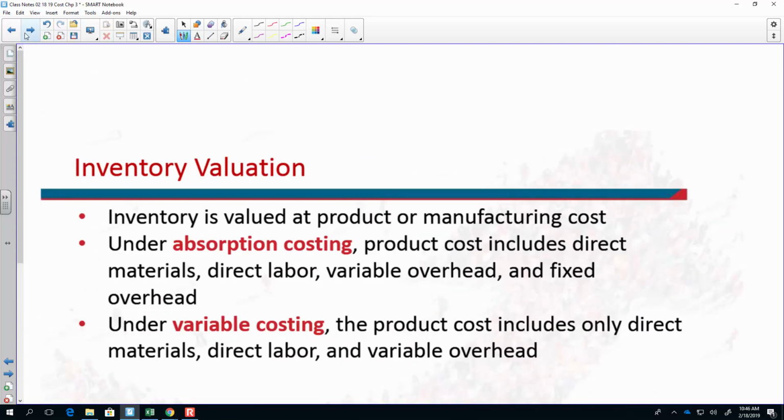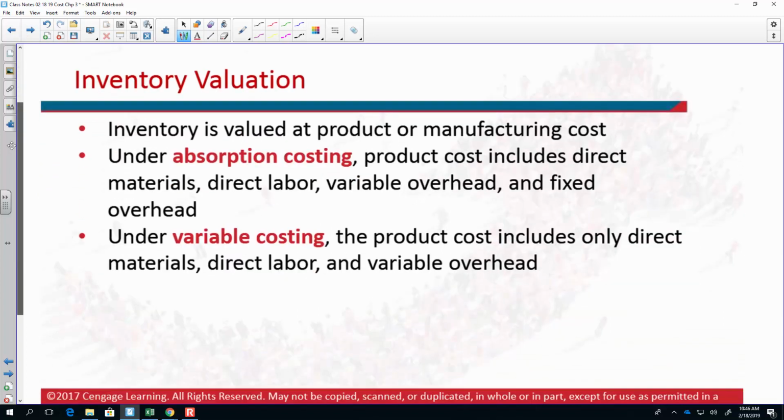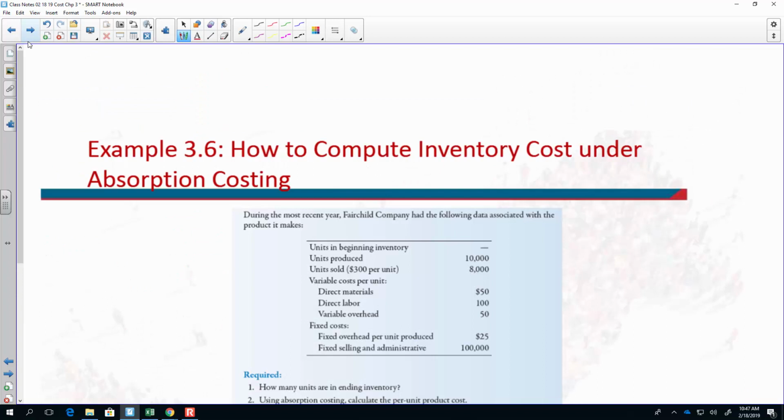All right. So the book then has us do some inventory computations between absorption and variable. Again, 4 parts under absorption, 3 parts under variable. This is really simple, guys. This is not difficult. You're simply adding up the cost per units.